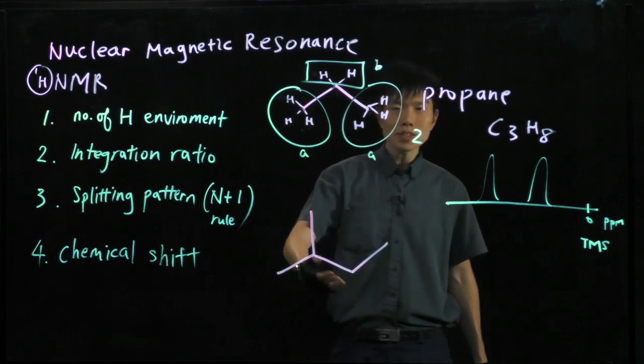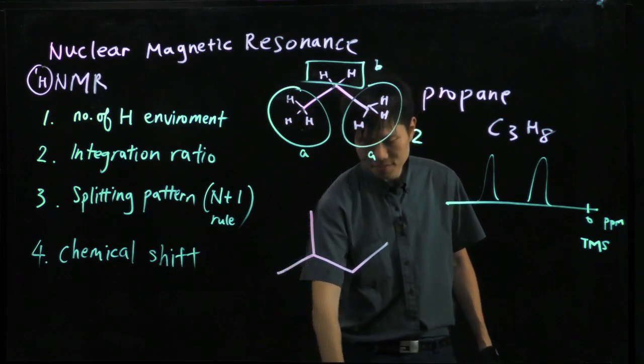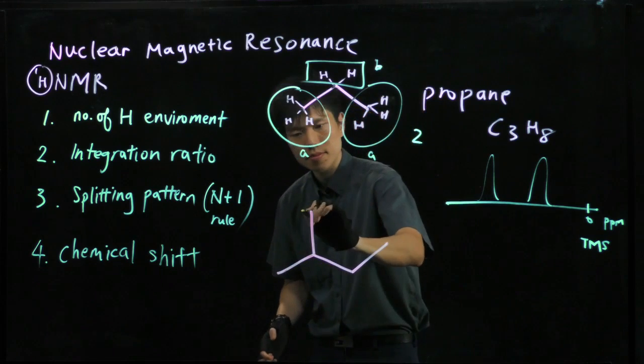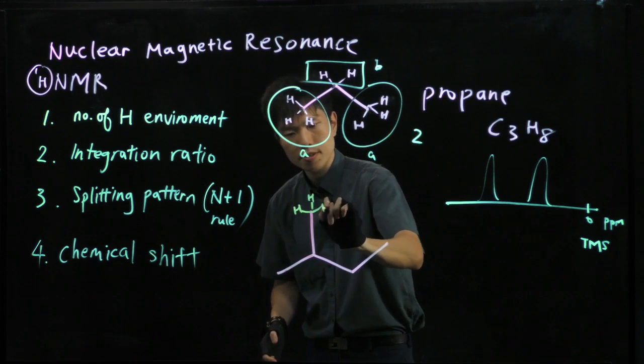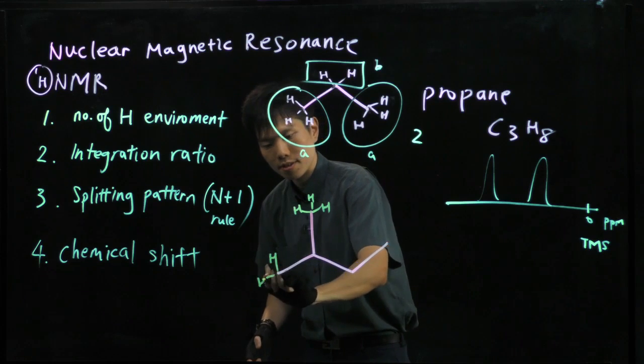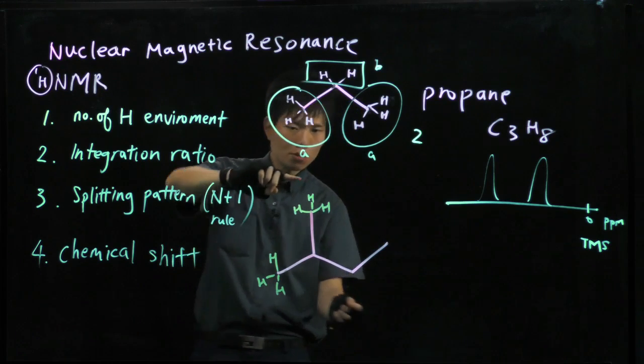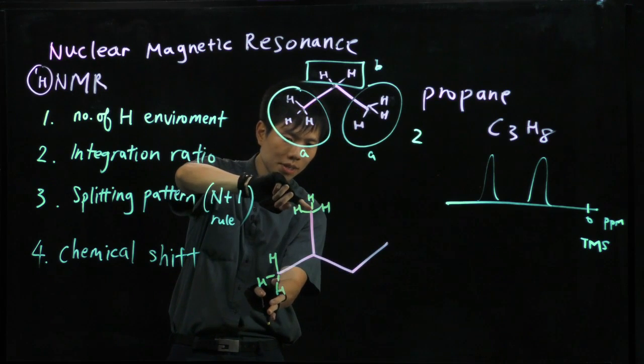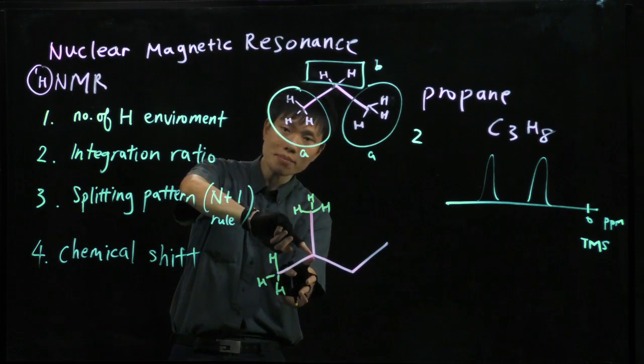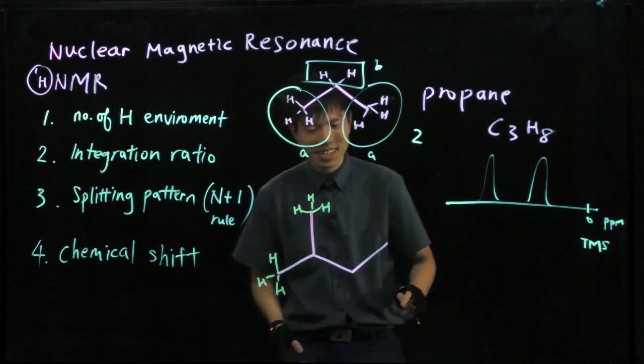And how many different environments are there here? These 6 are the same because now you walk carbon and they reach the same atom. So these 6 are the same.